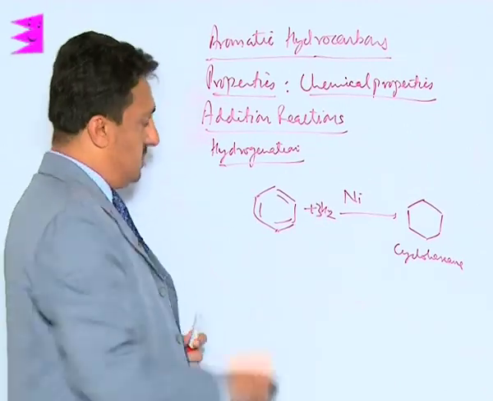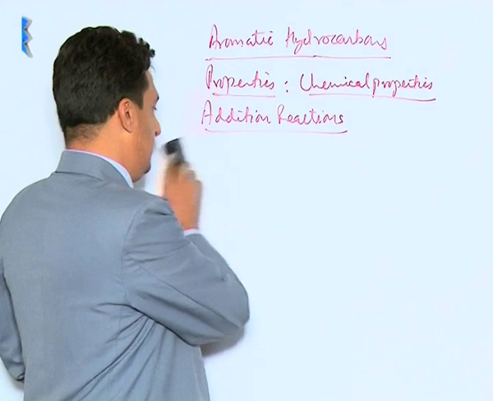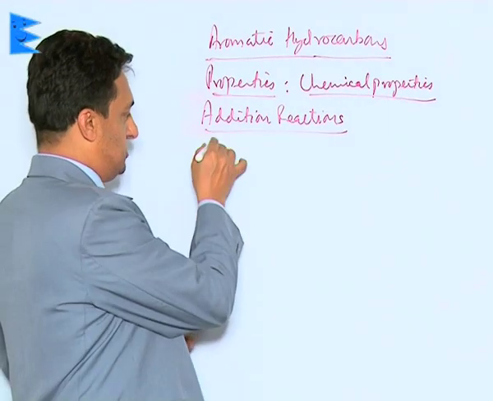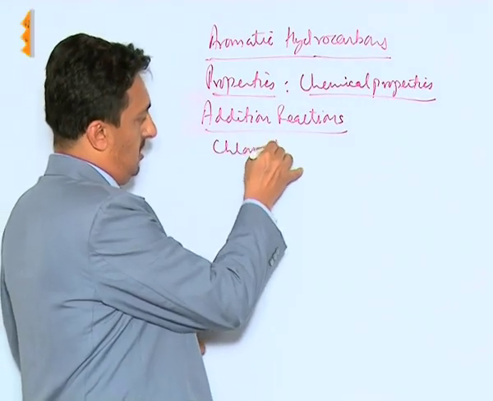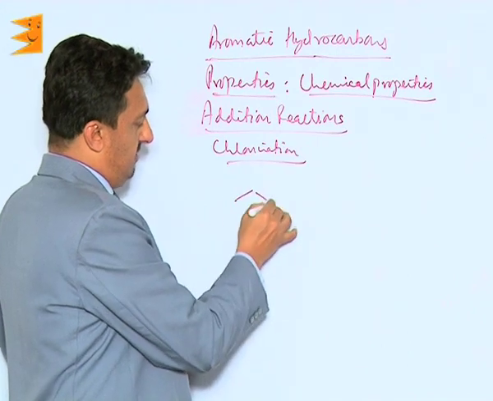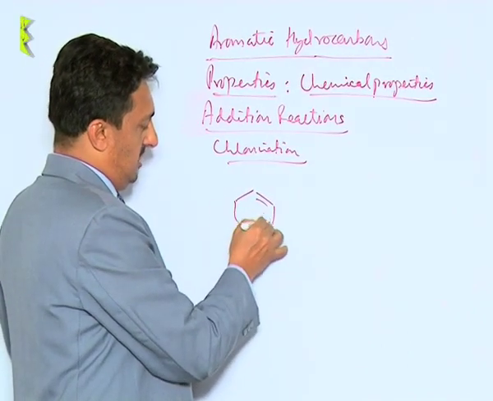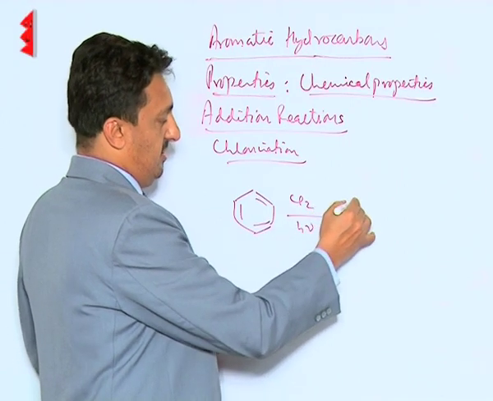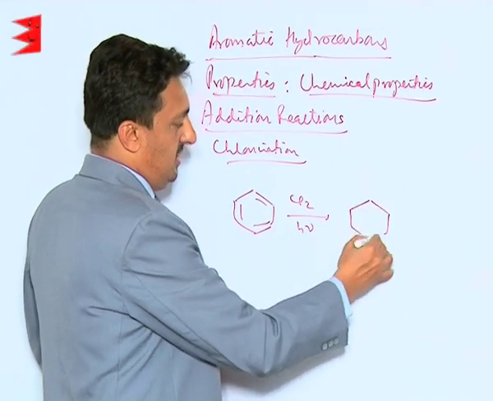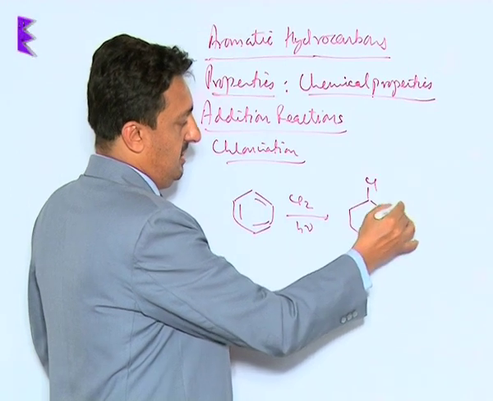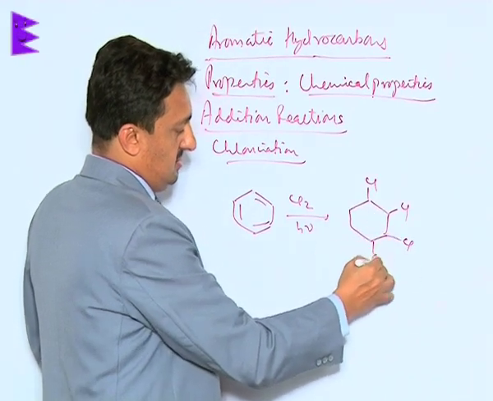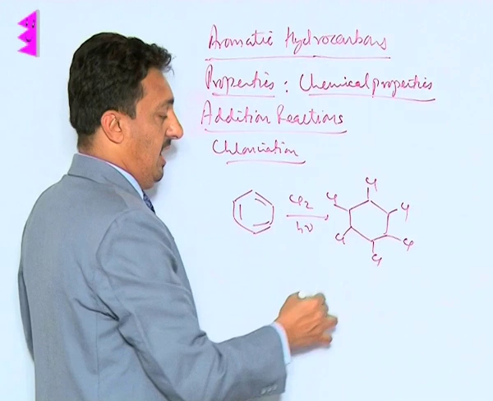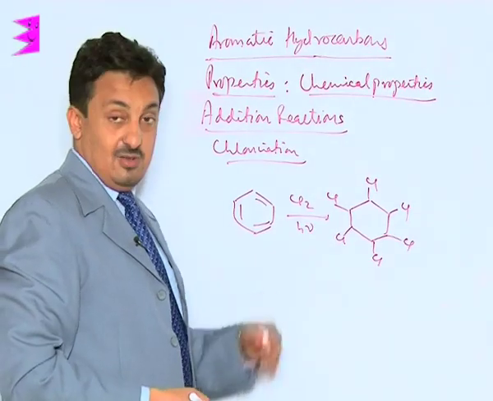Similarly, we can do its chlorination, which is again a type of addition reaction. When this benzene is subjected to chlorination in presence of UV or diffused sunlight, we get chlorine on each carbon, and addition has taken place. Remember, it's a cyclohexane ring.